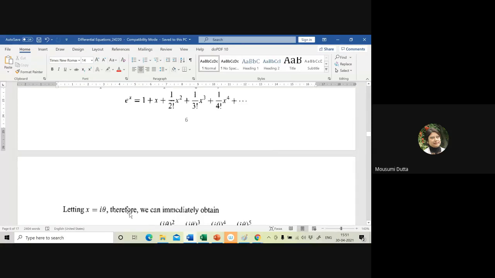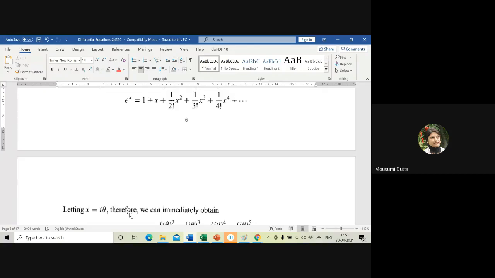Now, why theta? Why not a, b, c, d? Because as I mentioned, using trigonometry here we will move towards a sine theta, cos theta kind of structure. Therefore, instead of any a, b, c, d, I am considering theta as the constant.